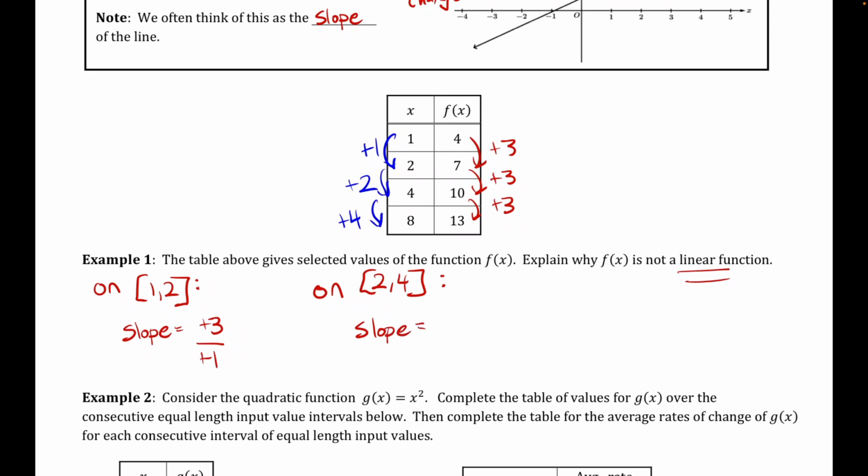The slope is plus 3 for the y coordinate and plus 2 for the x coordinate. And then furthermore, on 4 to 8, the slope is an entirely different thing. The slope is change in y is 3, change in x is 4. None of those are the same. If any of them are not the same, it is not a linear function.